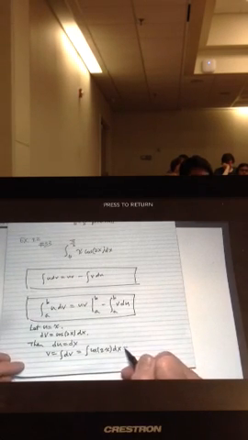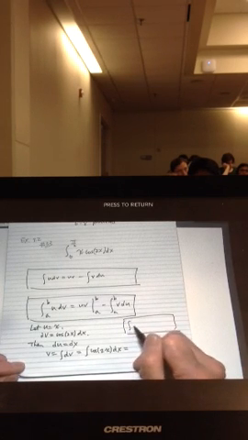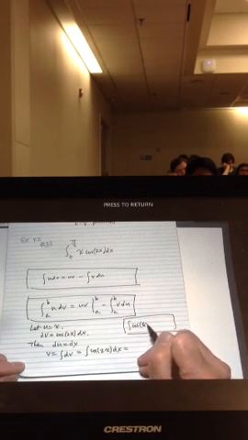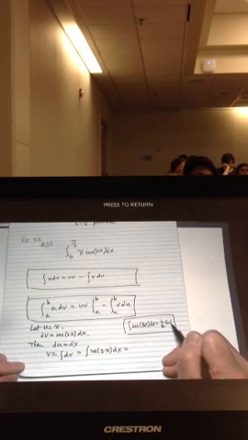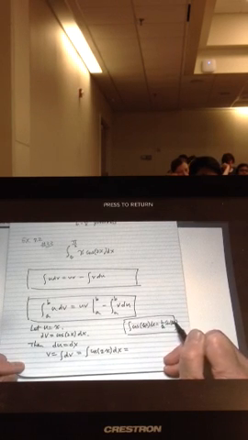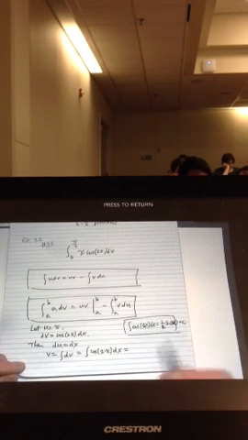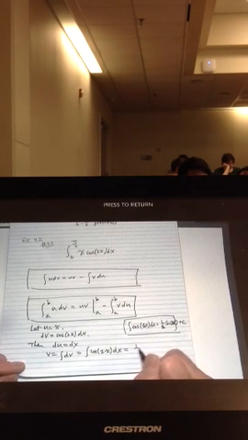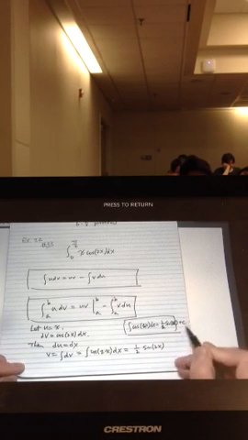Okay, and this is equal to, now I'm using a rule, integral of cosine of kx dx is 1 over k sine of kx plus c. So this is 1 over 2 sine of 2x.